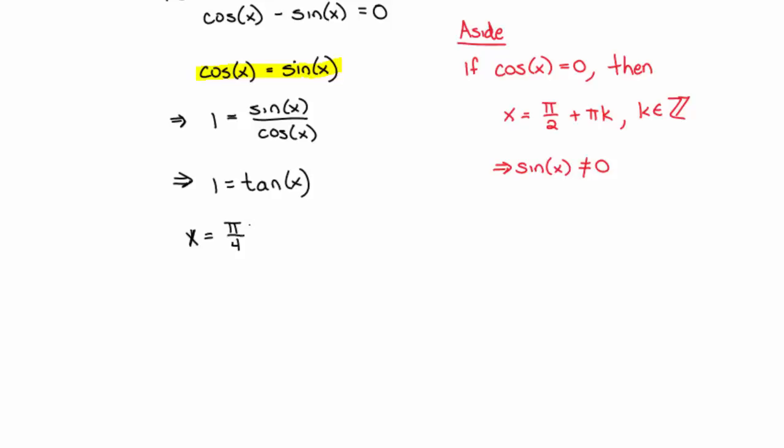Also, well, that's a quadrant 1 solution, but it happens to also be positive 1 at 3 pi over 4 in quadrant 3. And then, therefore, any pi distance away from that, or rotation thereof, k is an element of the integers.